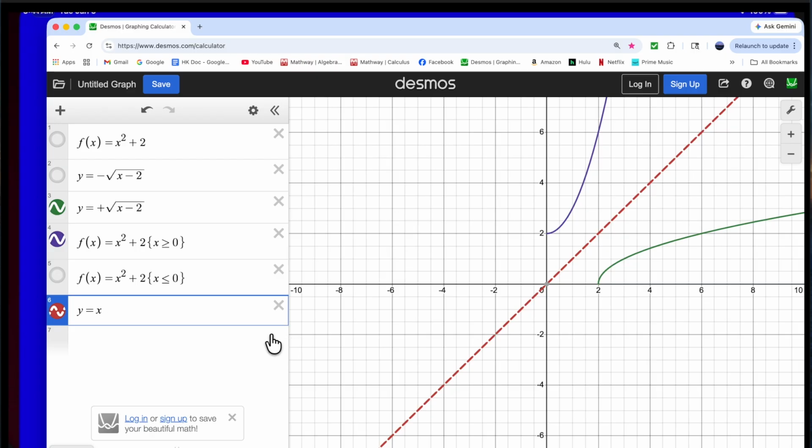Now, with respect to the short answer of what happens when you restrict the domain to x being less than 0, it turns out we're going to use the negative version. So let's do that. Let's graph the original function where the domain is limited to where x is negative.